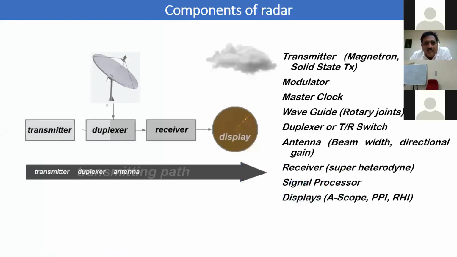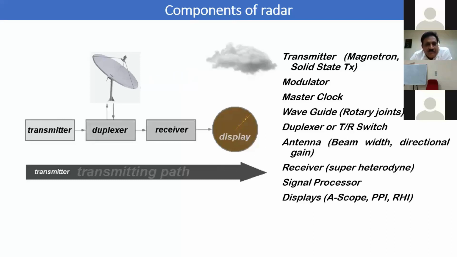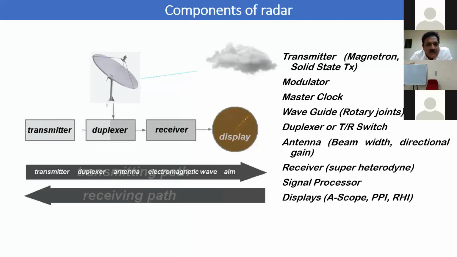This radar is also not very different from the other radars we have been hearing about this morning. We have a transmitter, in a more simplified way. I'm not going into the complex diagrams. A transmitter which increases the transmitting power, and then through a duplexer it goes to the antenna, and the antenna radiates into the atmosphere.